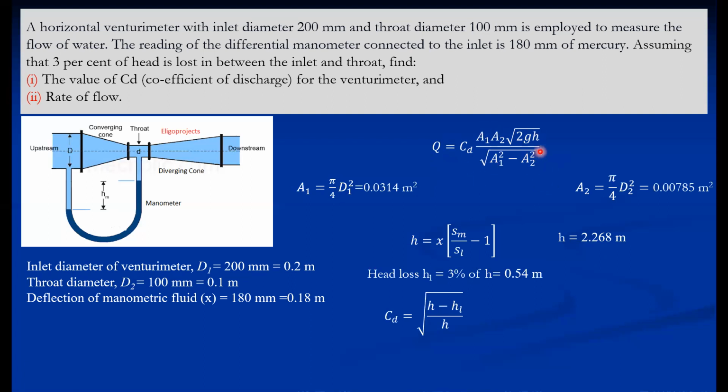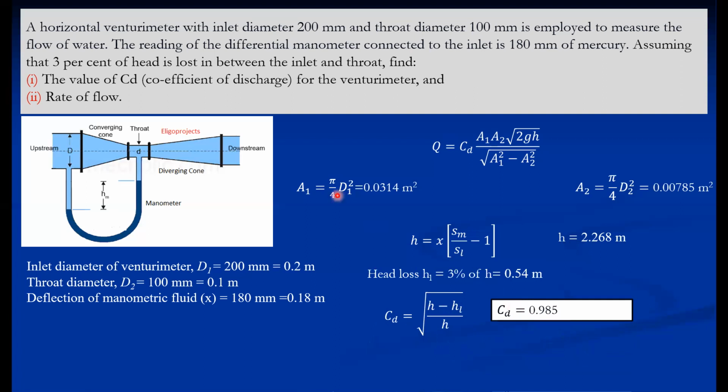So CD is Q actual upon Q theoretical, that is under root H minus HL upon under root H. By using this expression of coefficient of discharge, this CD value we can calculate. So we have a CD value of 0.985.